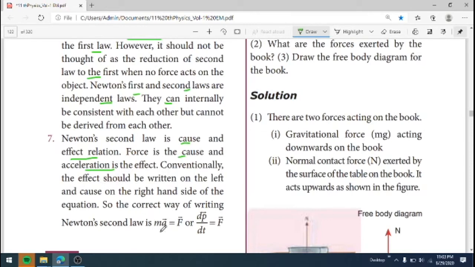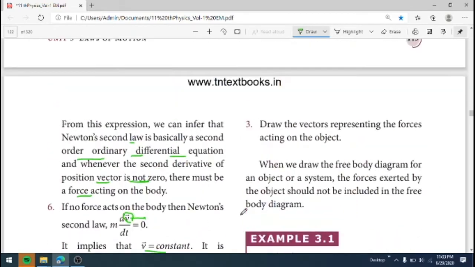So the effect, ma vector, should be on the left side and the cause on the right side. The correct way of writing is ma vector is equal to F vector. Or if you express it as rate of change of momentum, dp vector by dt is equal to F vector. This is the correct way of writing this.